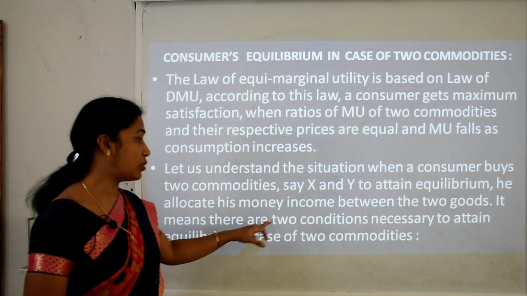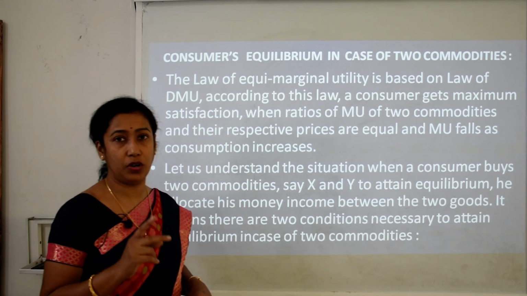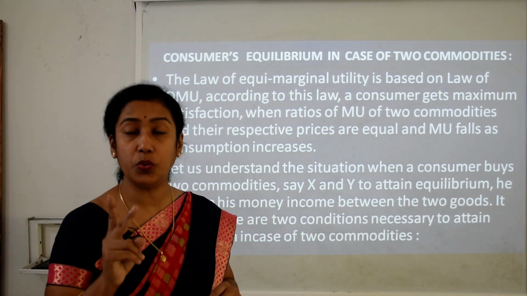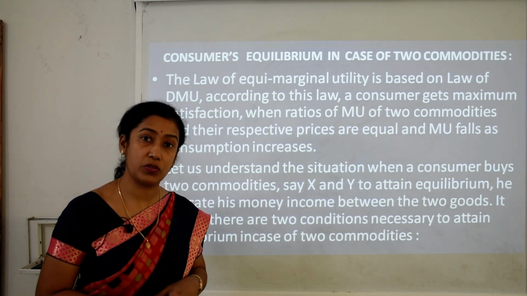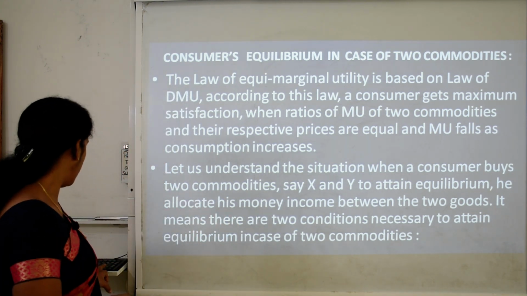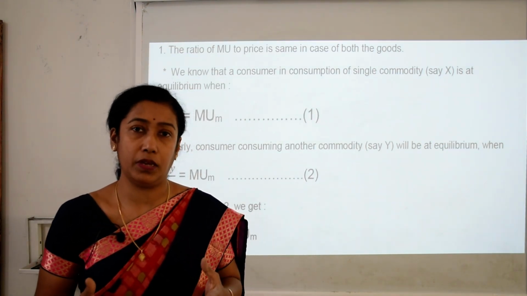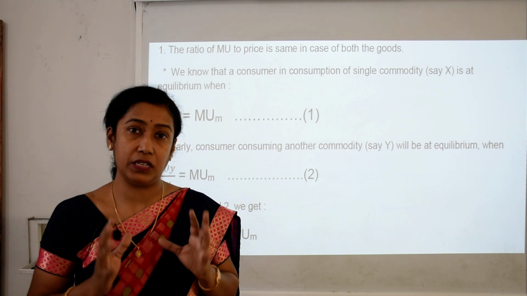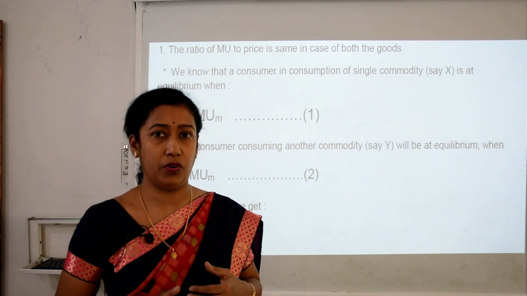It means there are two conditions necessary to attain equilibrium in case of two commodities. So here we require two conditions which must be there when a consumer wants to attain his equilibrium. Because practically, no human being can satisfy his needs with only one commodity.